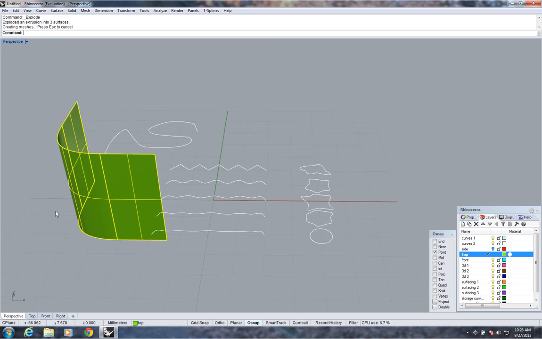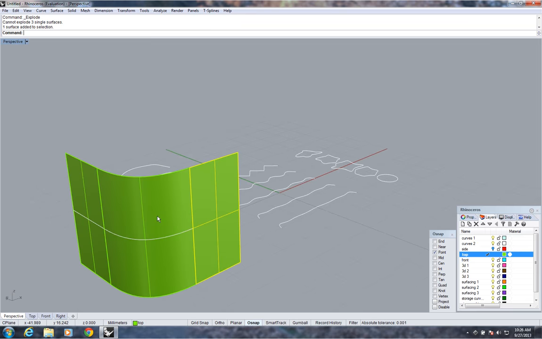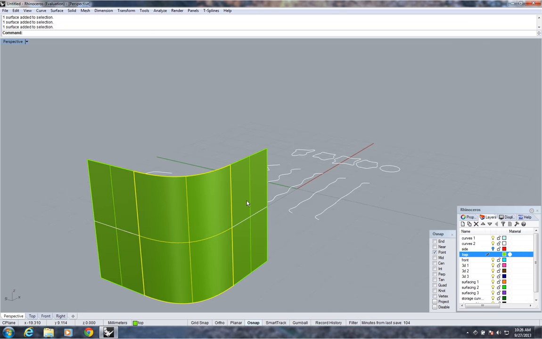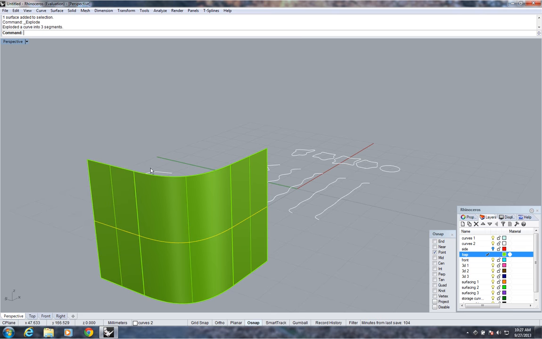If I explode that, you will see that the 3 surfaces that comprise that polysurface line up exactly with the 3 curves that made the polycurve I extruded from.